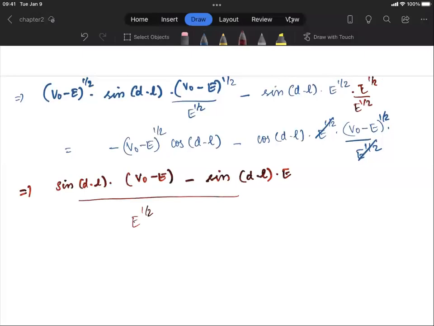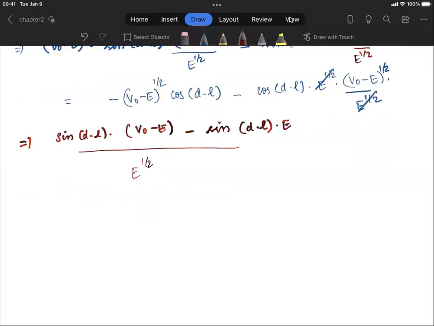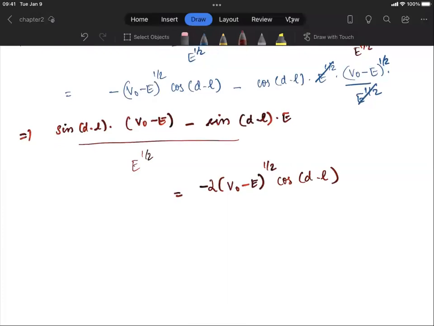So I get this. Now this will be equal to, actually hang on. So if we look at it, it's just 2 times V0 minus E to the power half times cos of D times L.